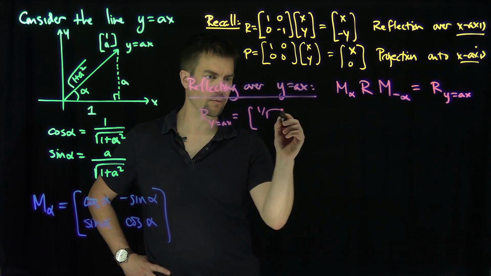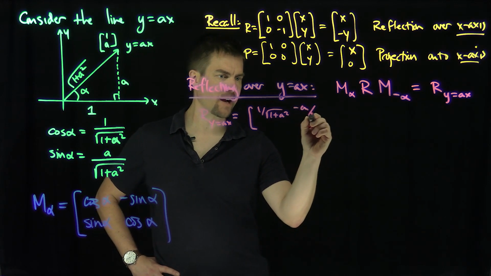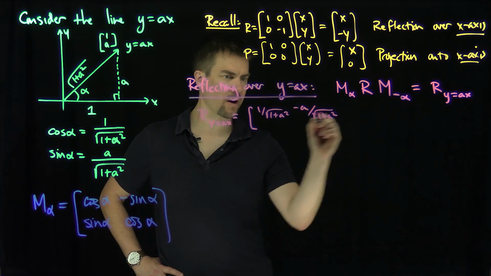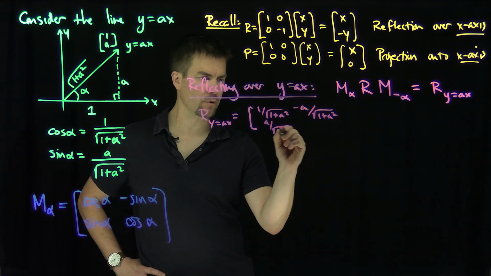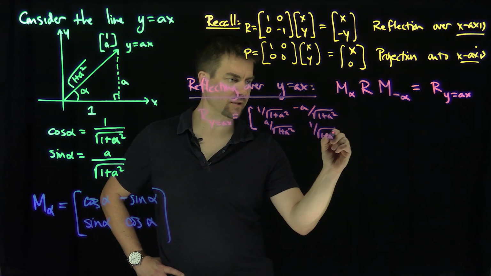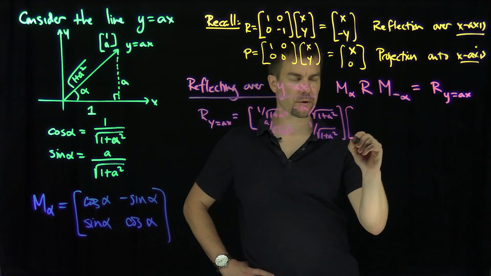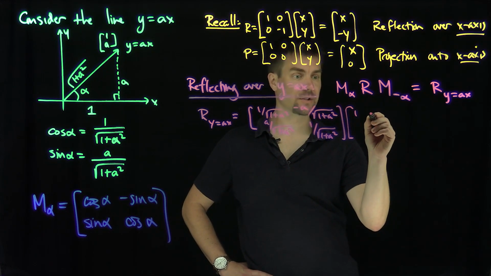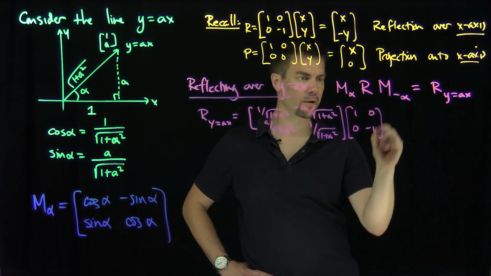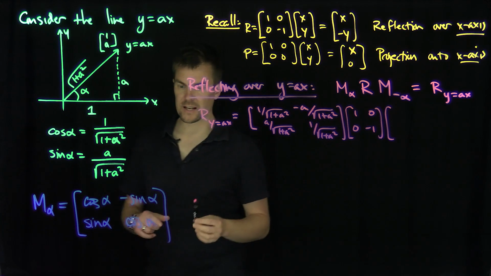So I have 1 over square root 1 plus a squared, negative a over square root 1 plus a squared, a over square root 1 plus a squared, and then 1 over square root 1 plus a squared. And then our ordinary R, which is the matrix 1, 0, 0, negative 1. And then over here, we're going to have M of negative alpha. What happens with negative alpha?